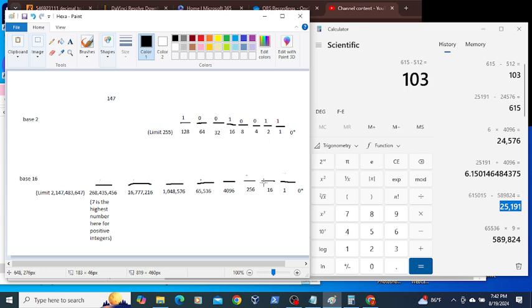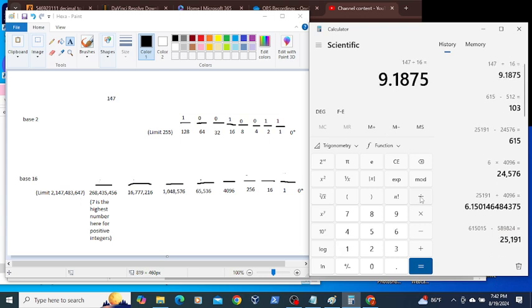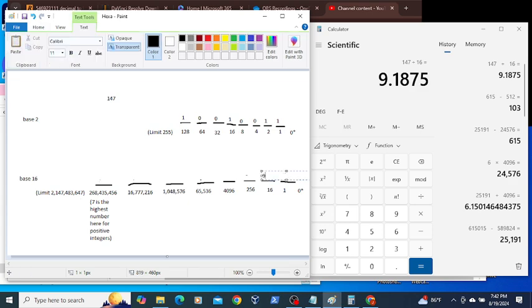So going hexadecimal, 147 falls within range of this 256 and 16. The question is how many times? So using a calculator is easy because you can just do 147 divided by 16. And like you're doing long division, you just want to record the whole number, and then you are working with the remainder.